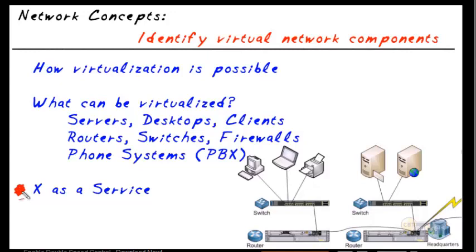Well, X could represent anything. So in the world of computer networks, let's say that you and I want to go into business and we need a web server. In the old days, a decade ago, we would say, okay, we need to buy a server, and then we need to purchase or lease an IP address from a service provider.